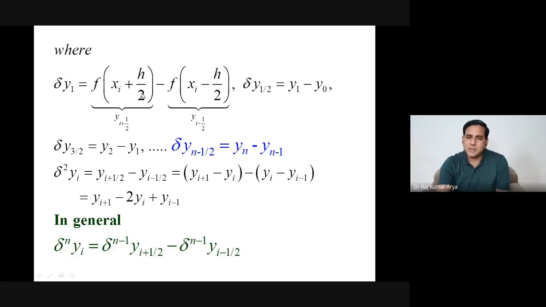This is the known y value at i plus 1/2. When you go to the backside, this is the known y value at i minus 1/2. So this total is your first central difference, del y1.